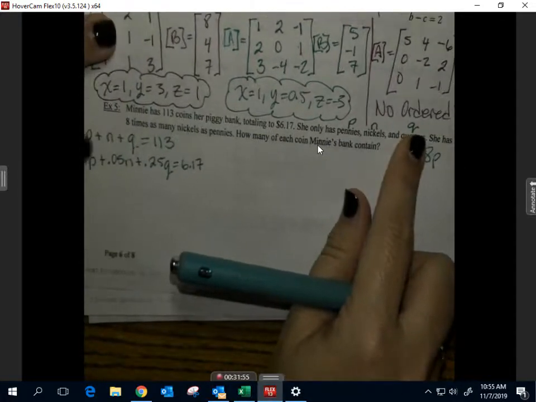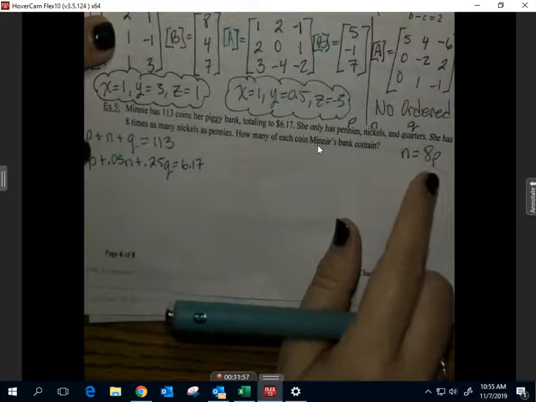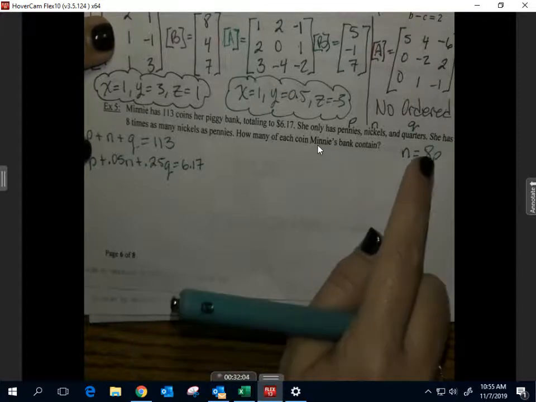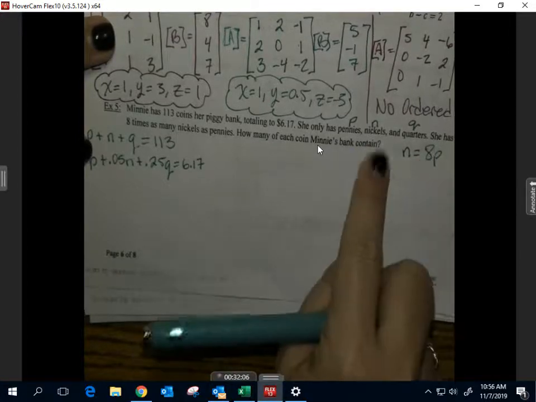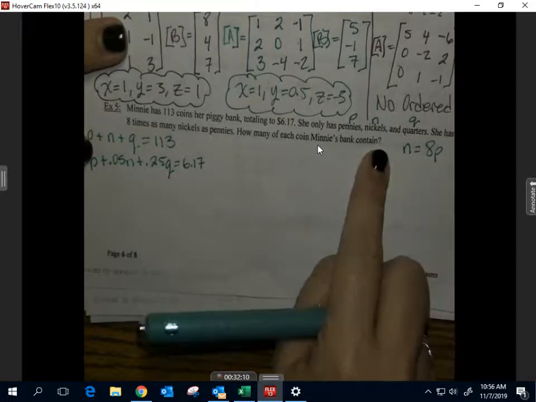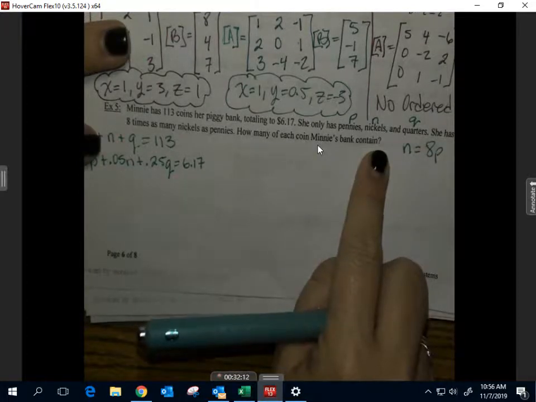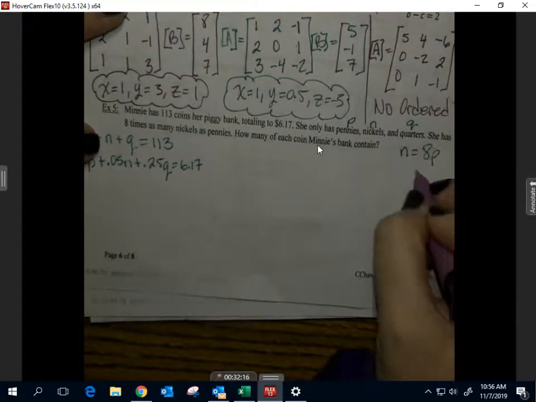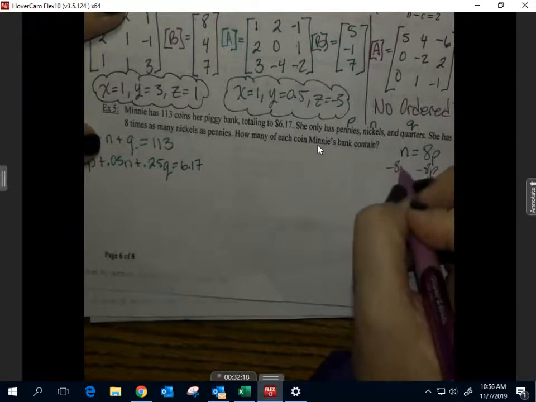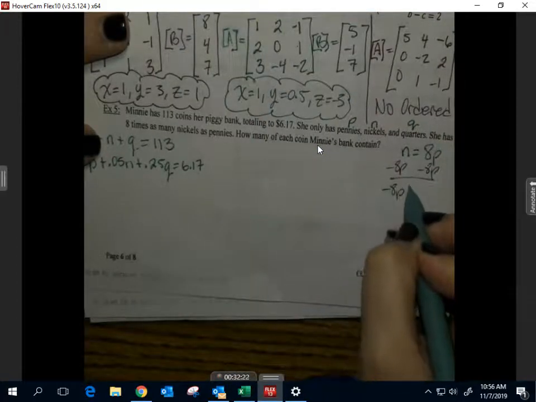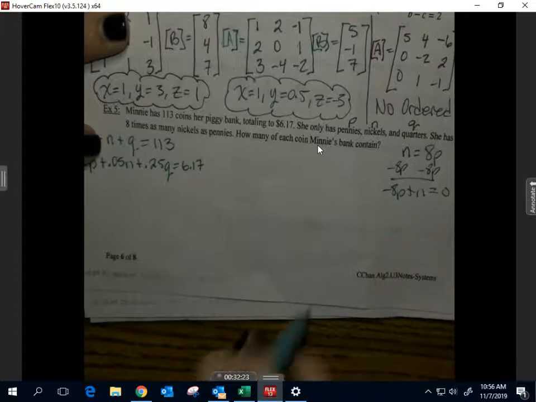But to put this in my system, N and P have to be on the same side of the equal sign, right? So let's move the pennies term over. How would I move 8p over to the left-hand side? I need to subtract it. So I'm going to subtract 8p from both sides. That leaves me with negative 8p plus n equals 0.